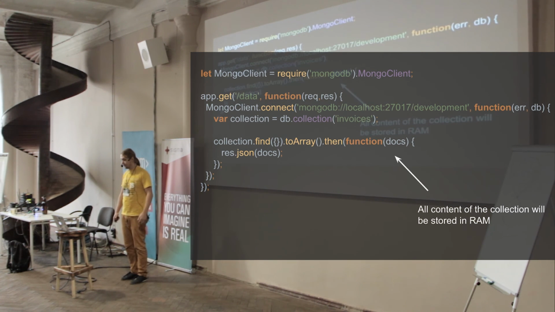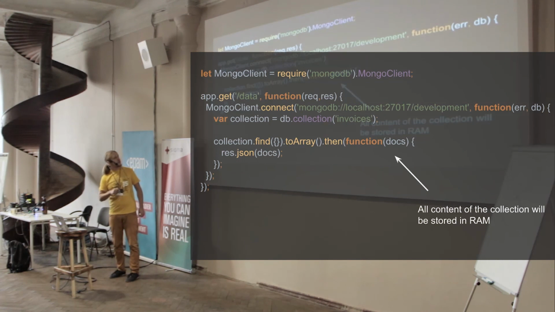But let's take a look at another example. For instance, MongoDB. Here is a simple example where we get all the collections. Initially collection find returns a cursor. We can convert it to an array. We can get all these documents in one variable here, and after we can send them with res.json.